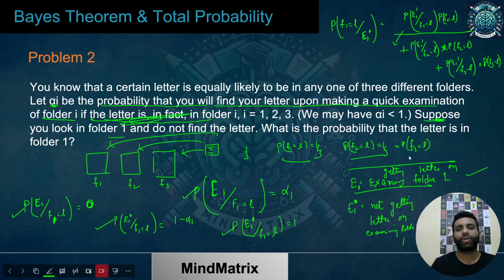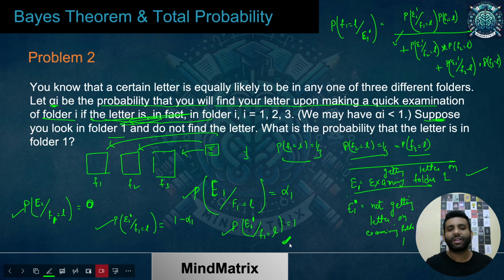Now the second term means the probability of not finding your letter on examining folder 1, given that the letter was in folder 2. If the letter was in folder 2 and you are checking folder 1, then the probability of not getting the letter is 1.